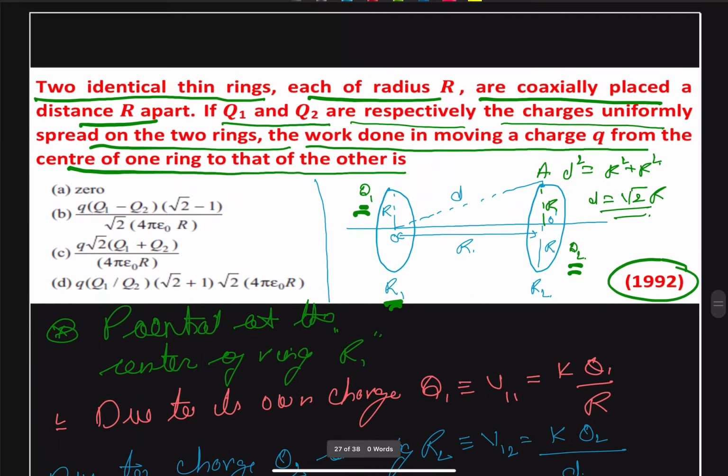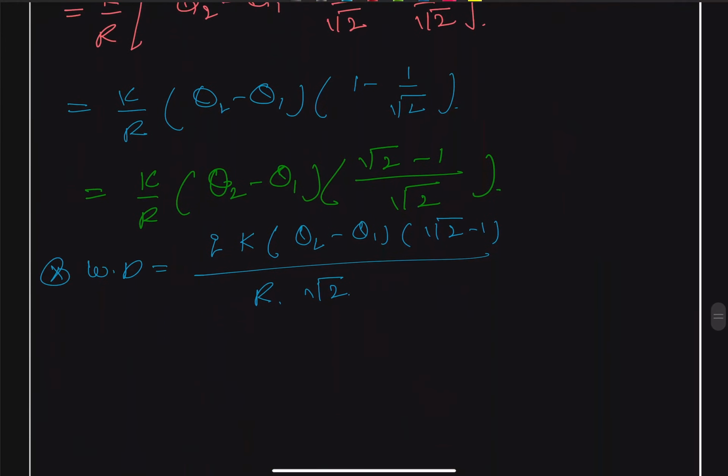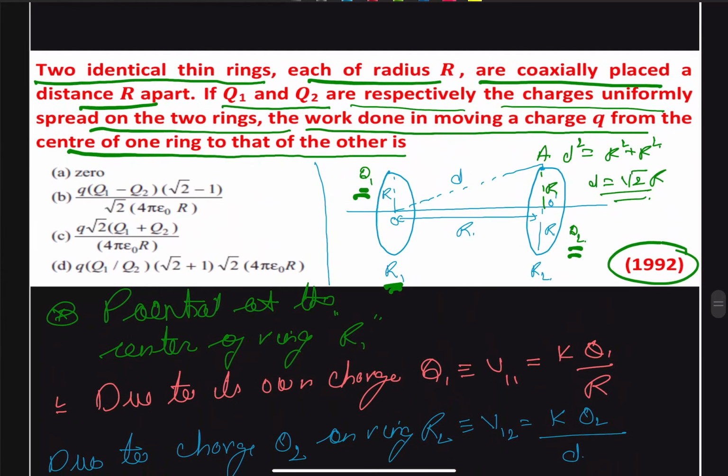So K is 1 by 4 pi epsilon naught. So this comes as 1, and this will be our 4 pi epsilon naught. So this is our work done.